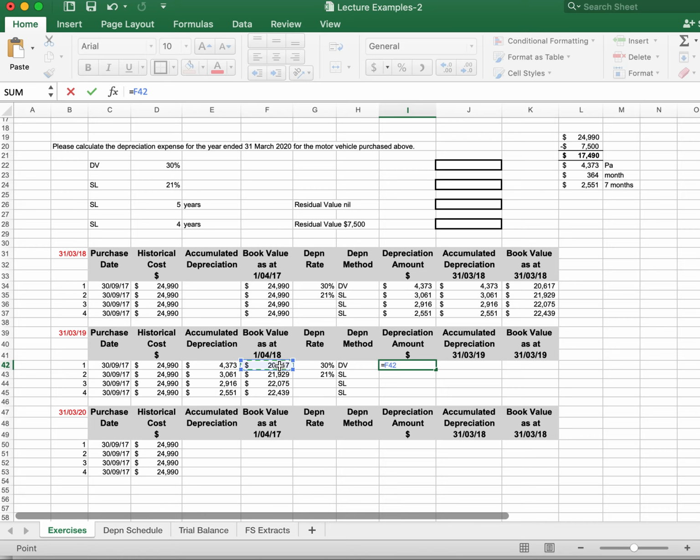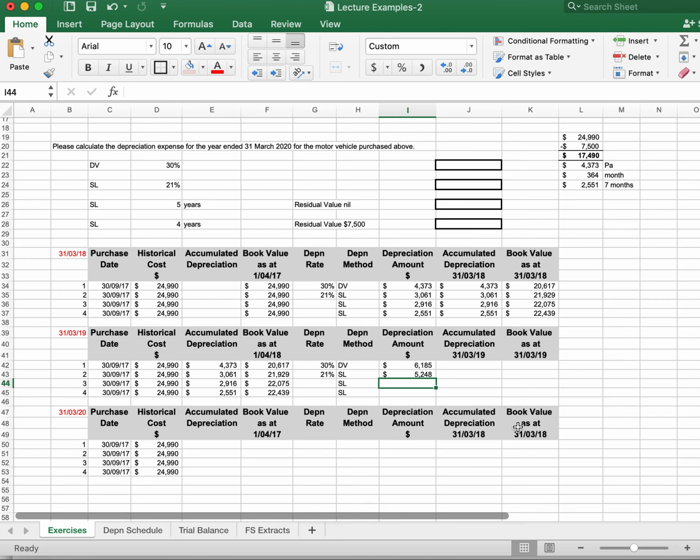So I take the book value times the 30% will give me that amount. Get rid of the cents. This one here will be that times the historical cost, which is that one there.